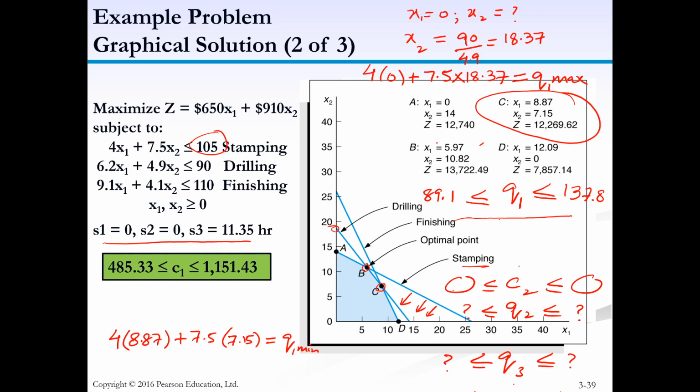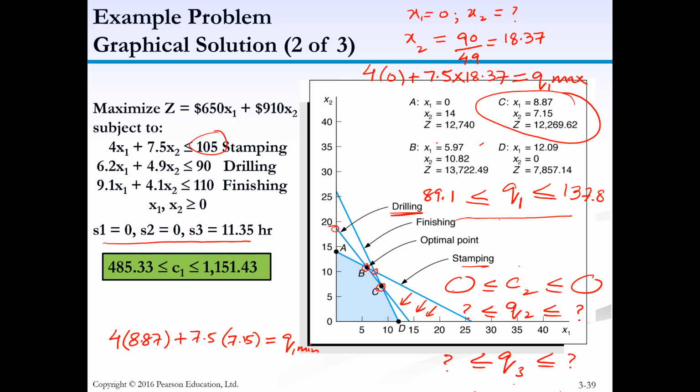Just to tell you, if we have to work this out for the drilling constraint, we have Q2 here. In the drilling constraint, if we move it outward, the new corner point is this one. So you have to work out the intersection between the finishing constraint and the stamping constraint.